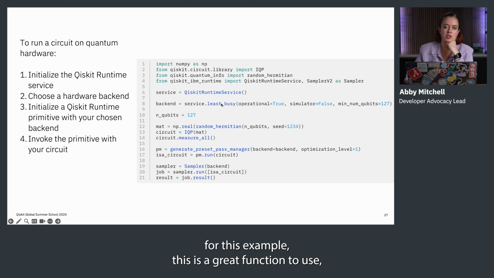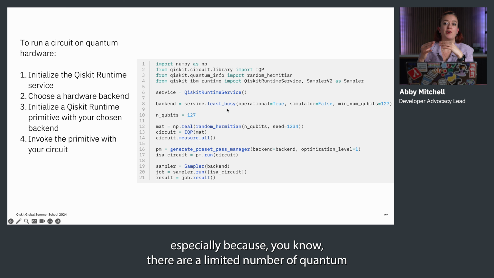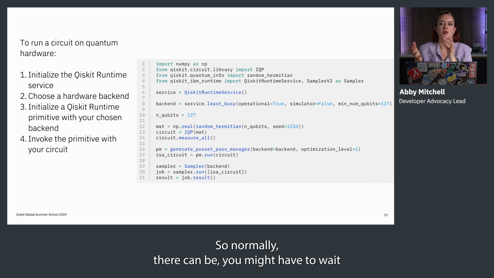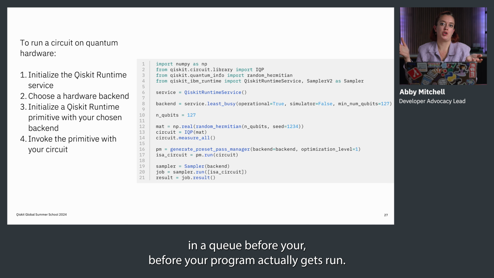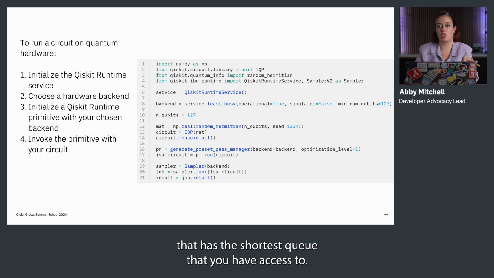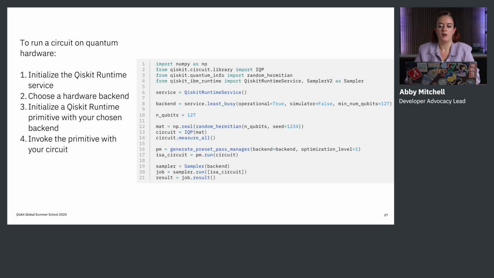This is a great function to use, especially because there are a limited number of quantum devices out there in the world and everyone wants to use them. So normally you might have to wait in a queue before your program actually gets run. By using this least busy function, you will select the device that has the shortest queue that you have access to. So it could save you a bit of time.